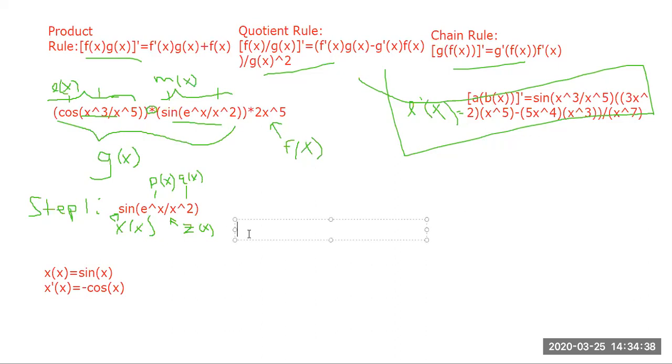Okay, so p of x equals e to the x, which makes p prime of x using the exponent rule just e to the x again, because it'd be e to the x times ln of x. Ln of x is just 1, so we don't need that.